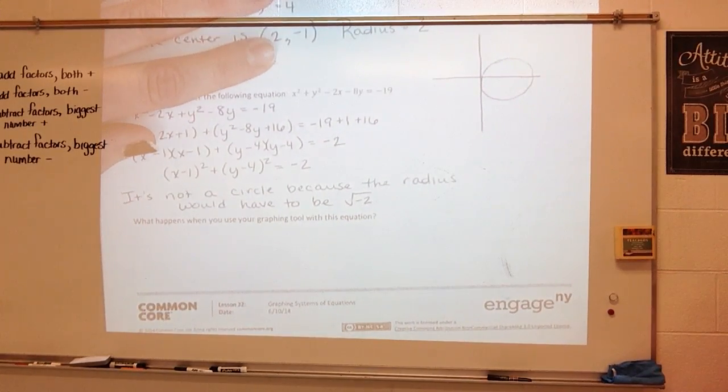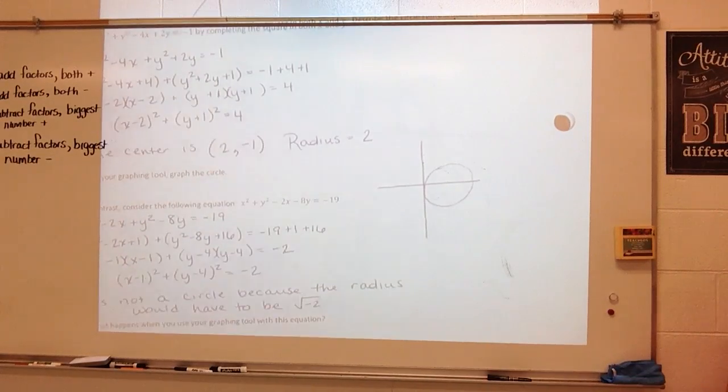What happens when you're using your graphing tool with this equation? Well, let's look and see what happens. When I graph this, alright, let's see what it tells me. So I have x minus 1 squared plus y minus 4 squared is equal to -2.